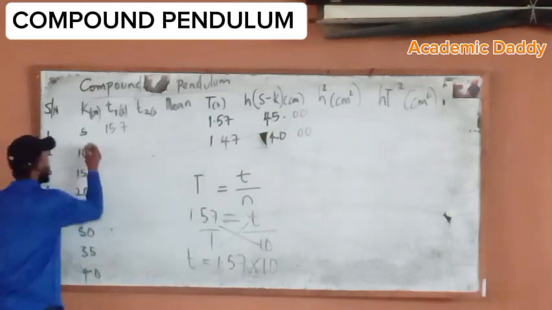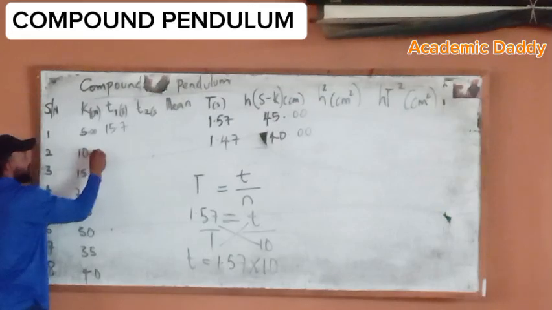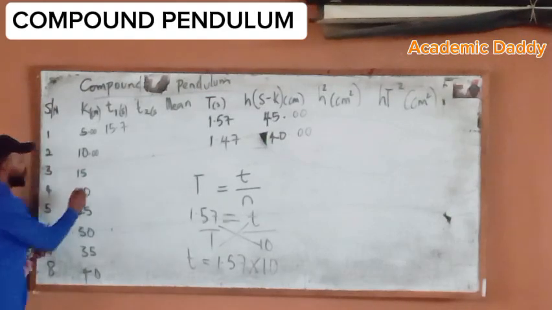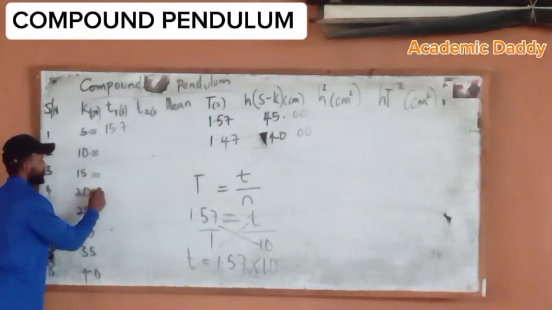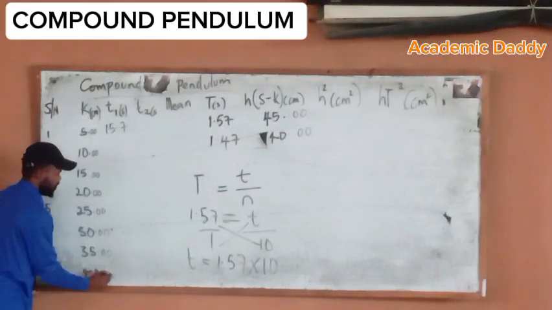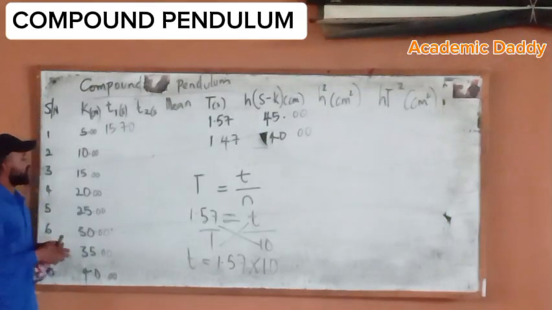You remember, I will maintain 2 decimal places. Please remember I told you that once you are using 2 decimal places, maintain it; if you are using 1, maintain it. Very important. These are things to look at when it comes to the graph. Some people will say it doesn't matter. It matters. So this is 15.70.